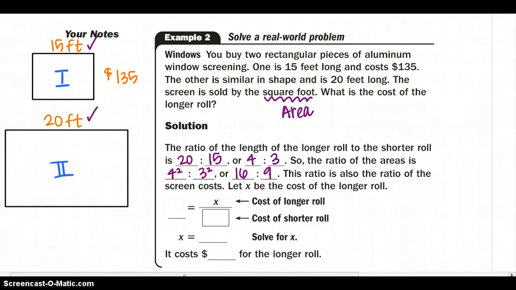So let's use that. Our longer roll, 16 over 9, is equal to, I don't know what my cost is here, so let's call that x, over 135, which they gave me. This is a proportion, so you just cross multiply and divide. So I would get 9x is equal to 135 times 16.